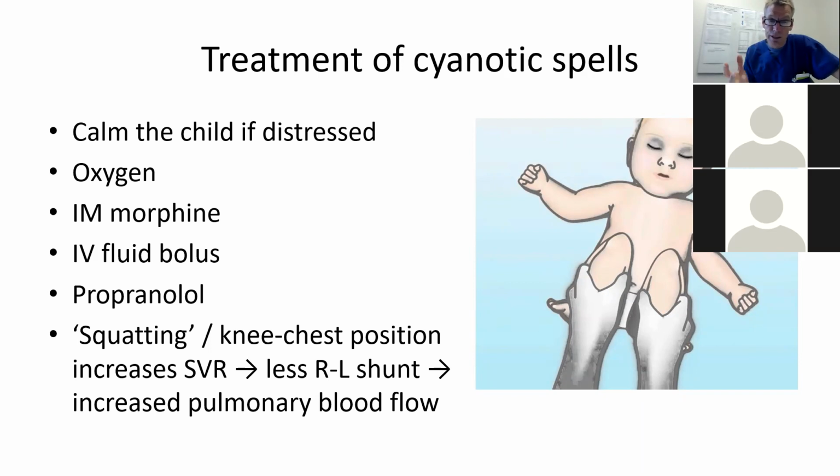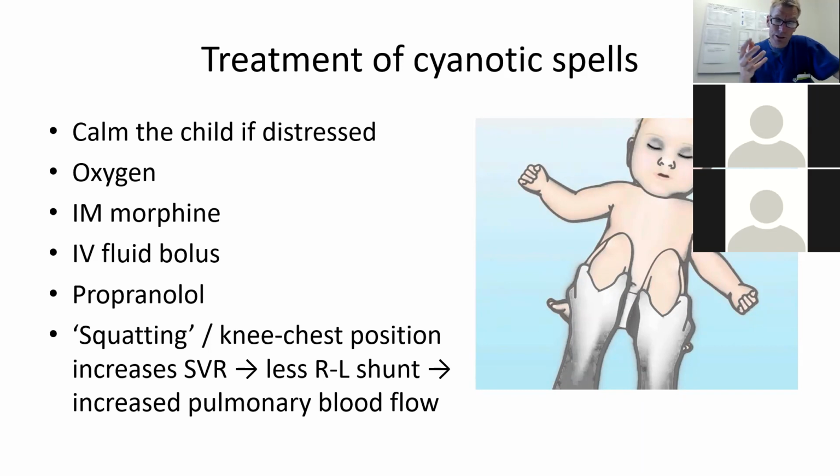So if the baby is being breastfed, then I encourage the mother to try to breastfeed the baby and calm the child down. Sometimes they need some intramuscular morphine or some other analgesic to calm them down. Always give them oxygen, even though the oxygen doesn't always work so well to begin with. It's only by calming the child that the cyanotic spell resolves.